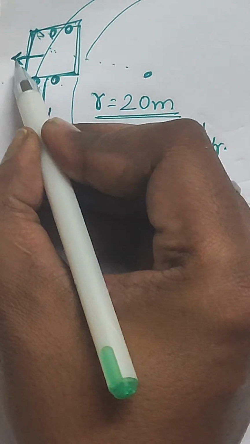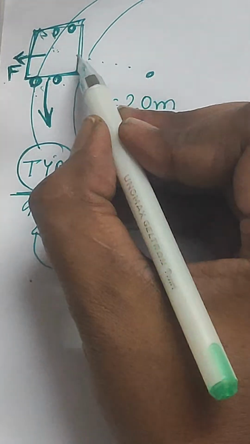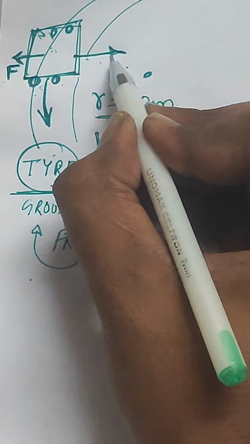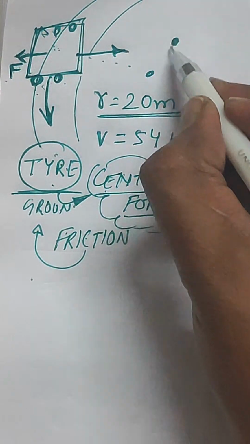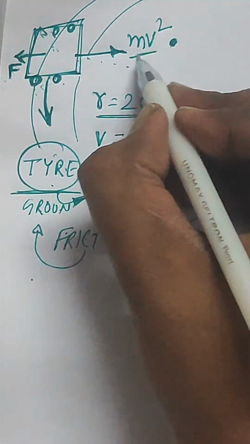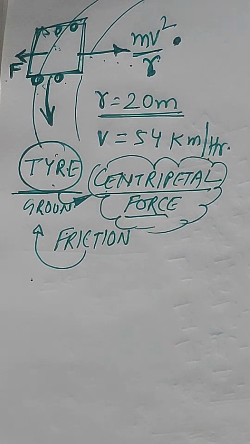If this force is F, then towards the internal track, this is not to scale, let us say the center is somewhere over here, this will be mv square by r.